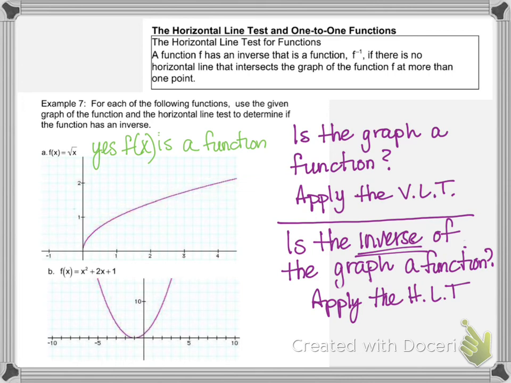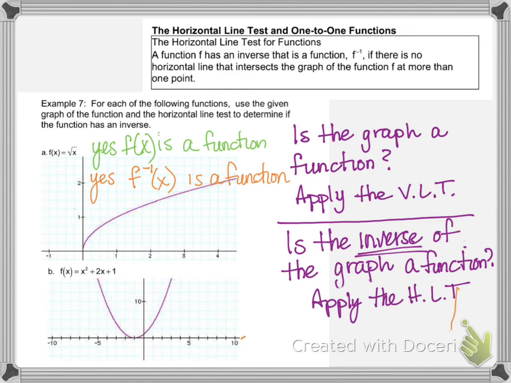It means that, yes, the inverse is a function. This is how you write it: you draw an f and put a -1 in the exponent area, f inverse of x. It passed the horizontal line test, so we'll say it is a function.